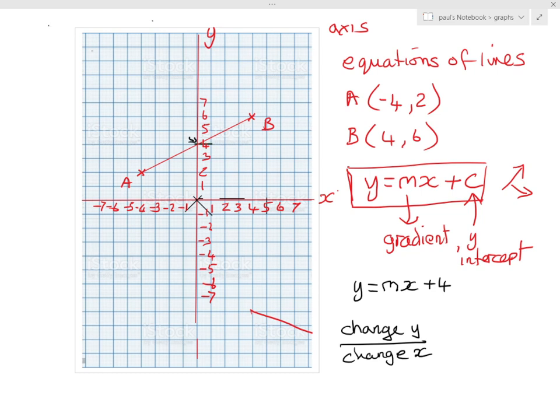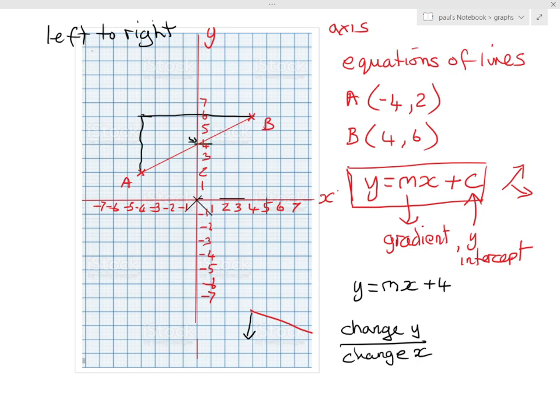Now remember, everything always goes from left to right. So let's work out what the change in y is. The change in height is either going up or coming down; this way it's going down, this way it's going up. So we'll draw a line that goes up from the bottom of the line to the top of the line there, and then carry it on there.